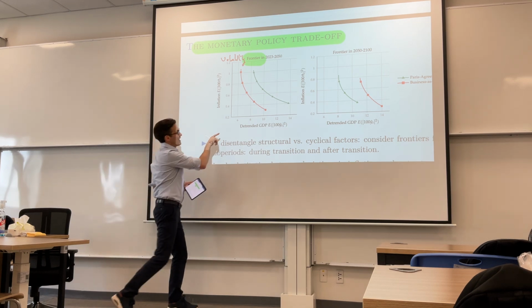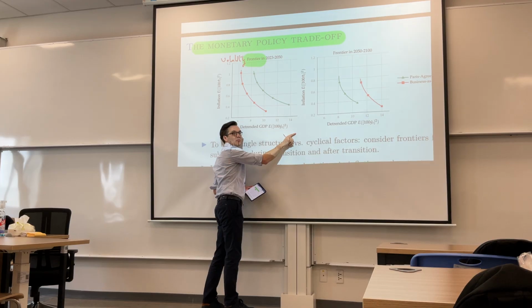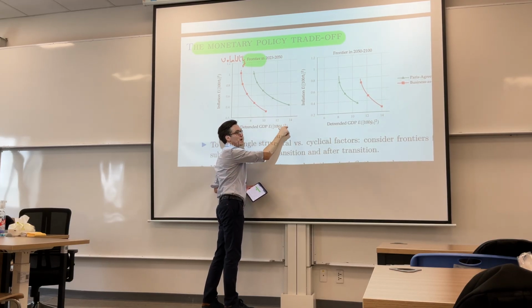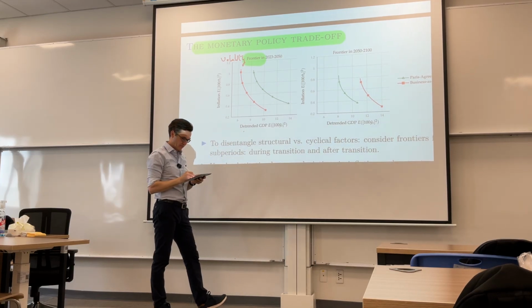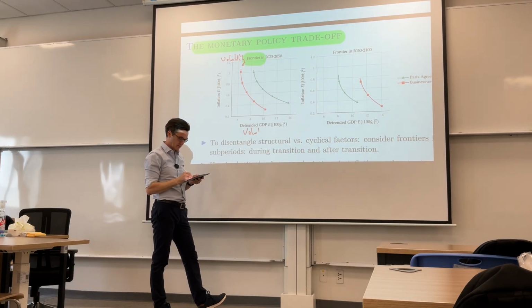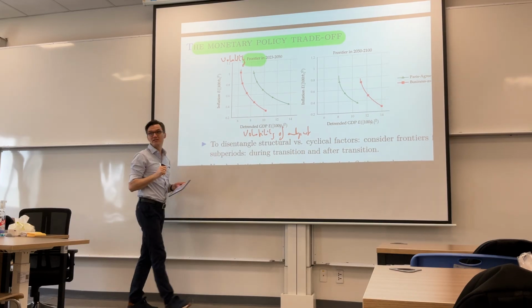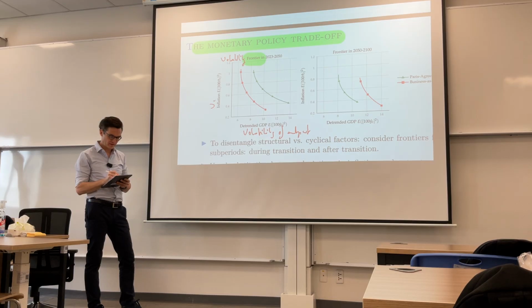So on the x-axis, we have the volatility of detrended output. Okay, so this is E of 100 times y squared. So this is the volatility of output. Okay. And on the y-axis, we have the volatility of inflation. Okay, so this is the volatility of inflation.